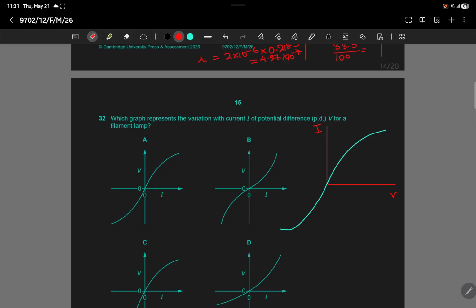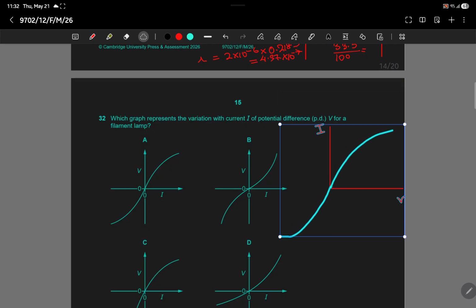But since this is a VI graph, if you just rotate this, for example, let's try rotating this. How do I rotate this?